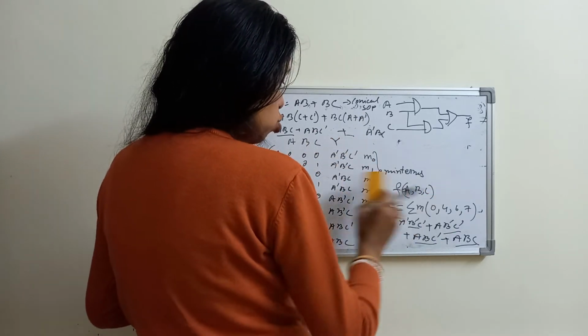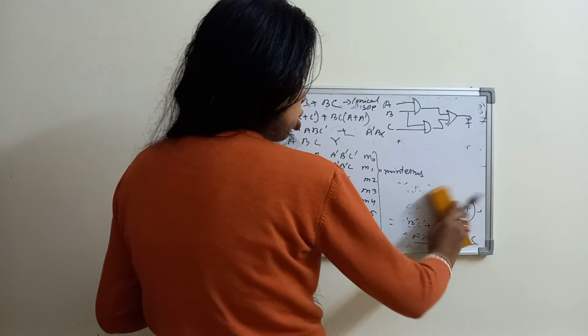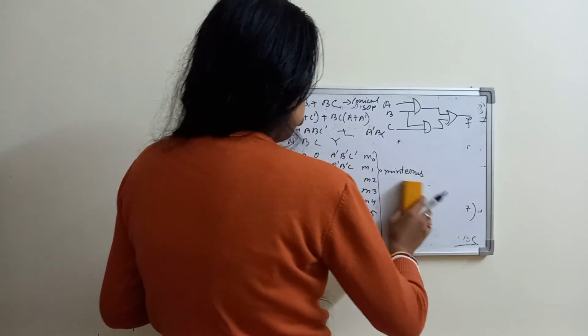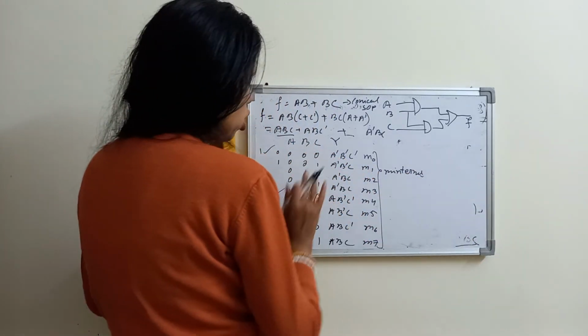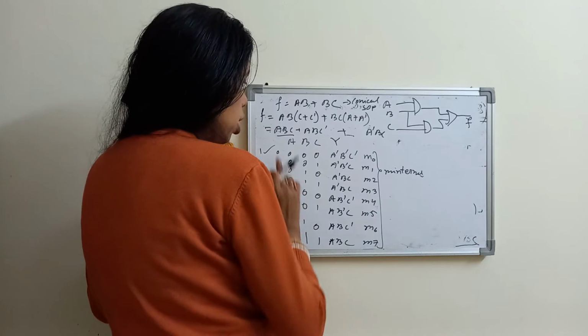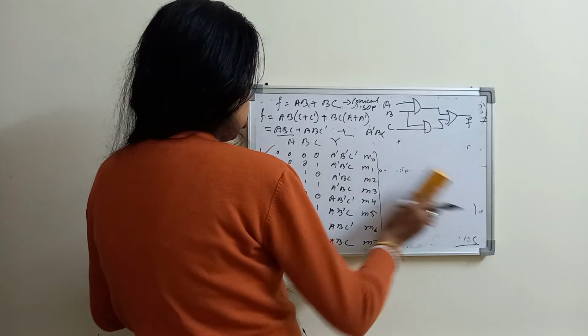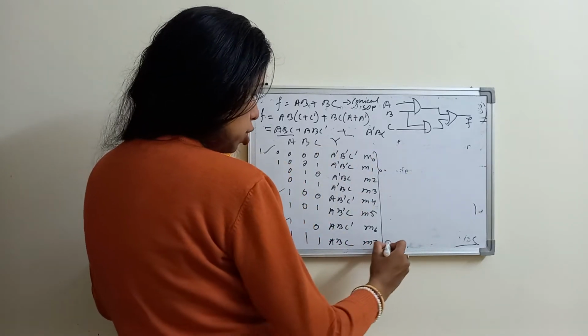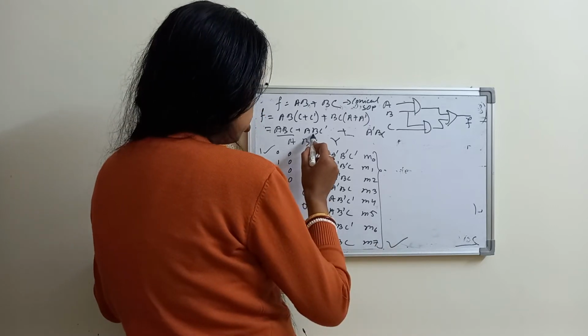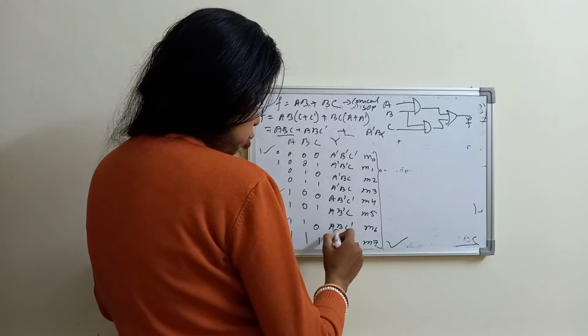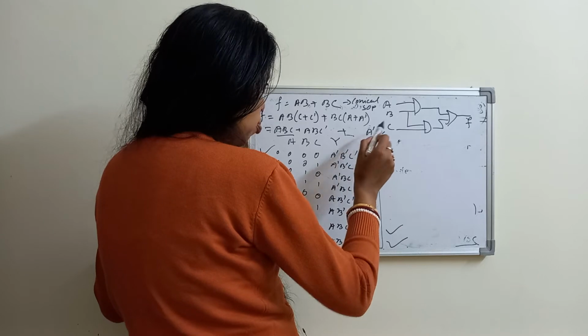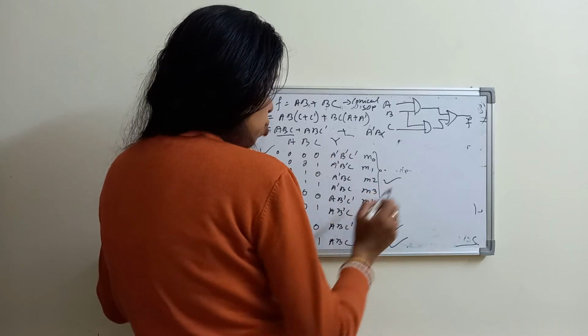Now we have to write the truth table and this function in terms of minterms. In this truth table, we can see where ABC is, this is ABC. ABC prime is here only. Where A prime BC is, it is A prime BC.